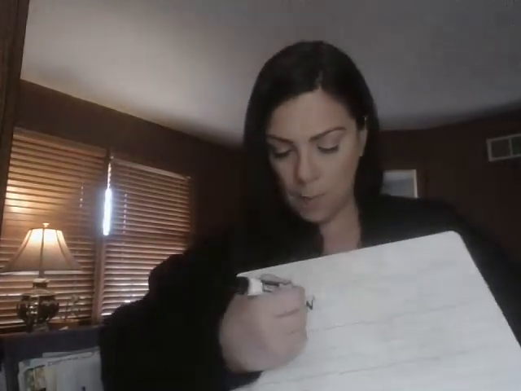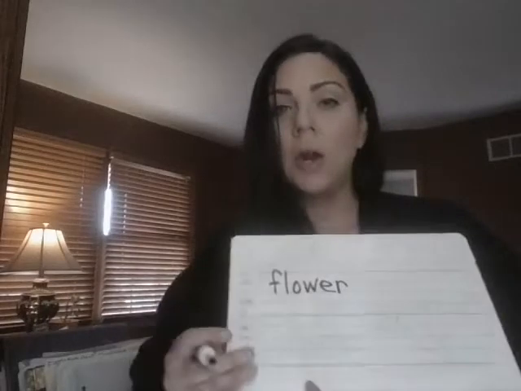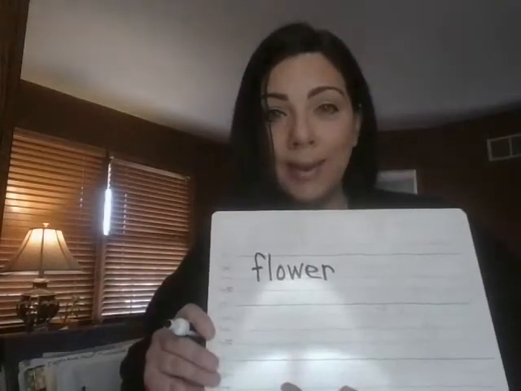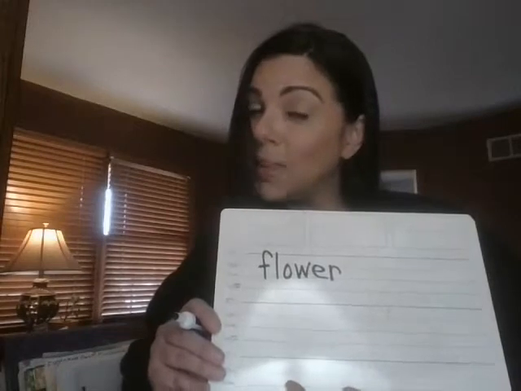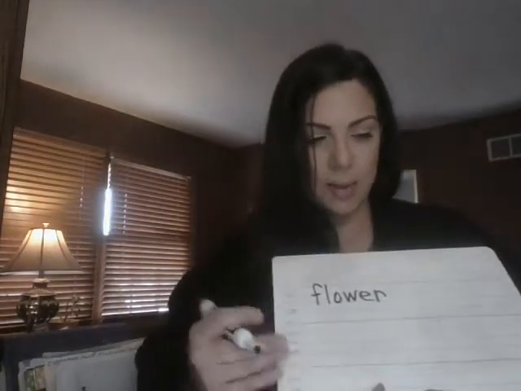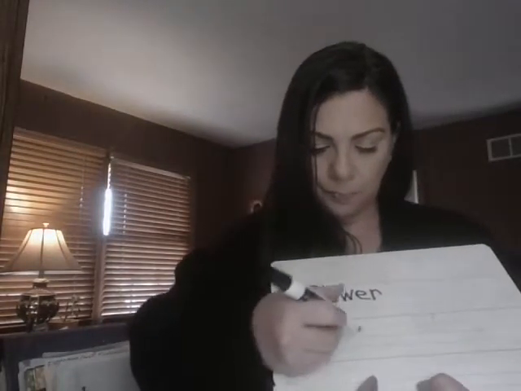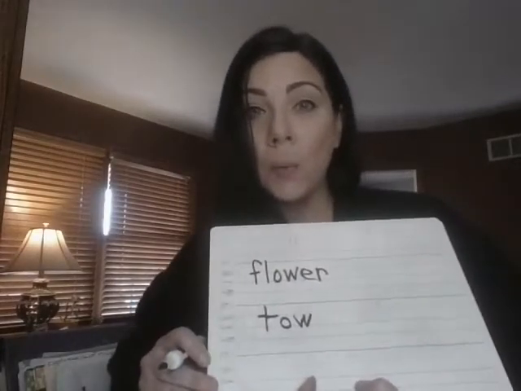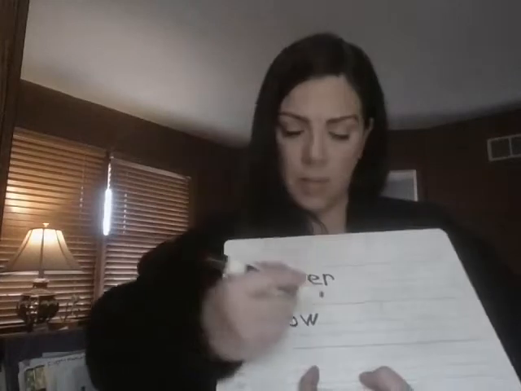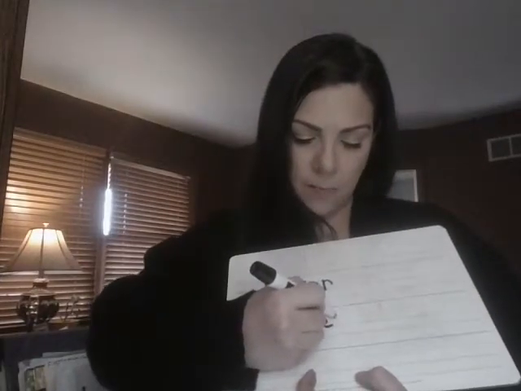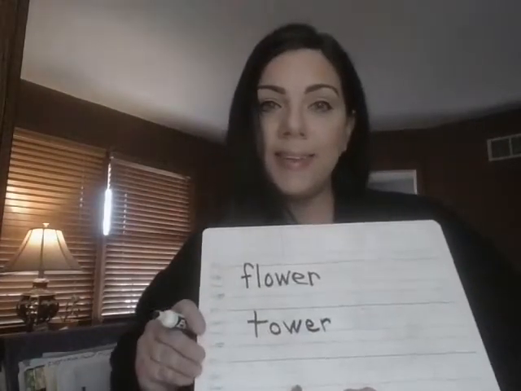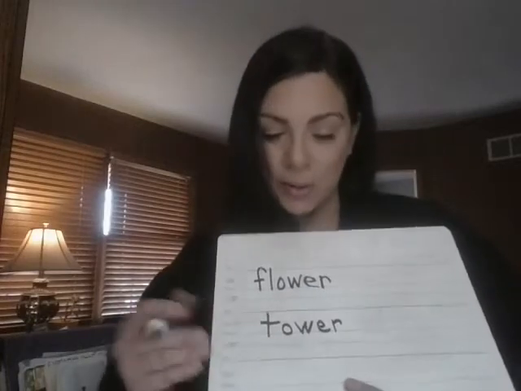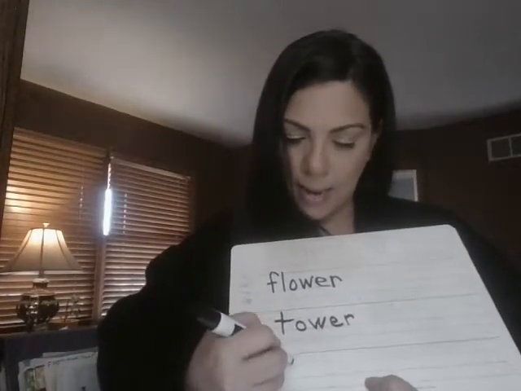It's flow, but if I add an E and an R to it, what's it going to become? Flower. Okay, here's another one. Toe, right? If I add an ER, it is tower.